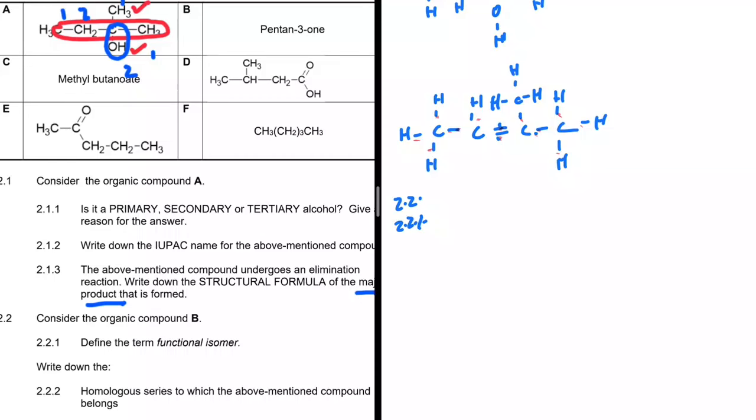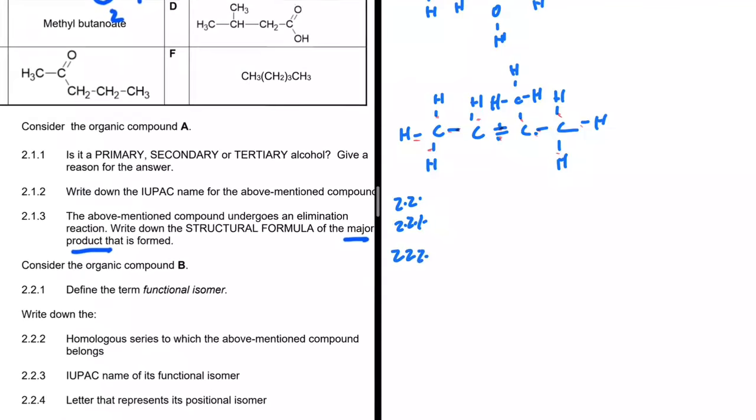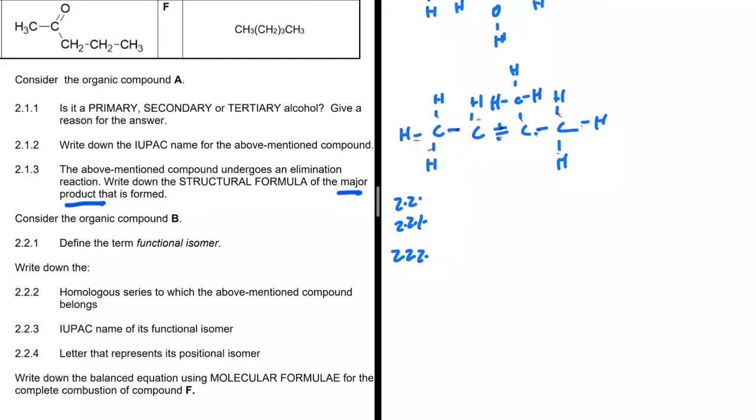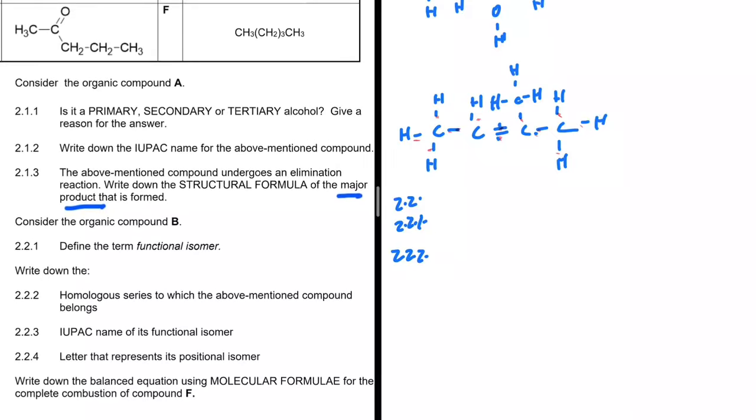That is a functional isomer. And then 2.2.2, I'm expecting the question is going to have something to do with isomers. Write down the homologous series to which the above-mentioned compound belongs.